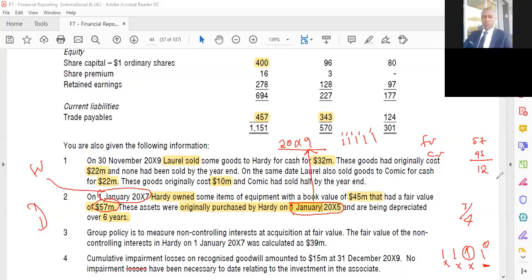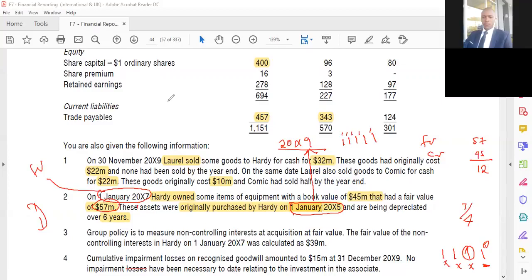So we are going to multiply this 12 by 3 over 4 because it was revalued in 20x7, meaning that we needed to charge depreciation at this date in order to be prudent. What we are trying to establish is that the gain, this 12, should also suffer depreciation. Why? Because if we don't charge depreciation, it means we are undercharging depreciation.